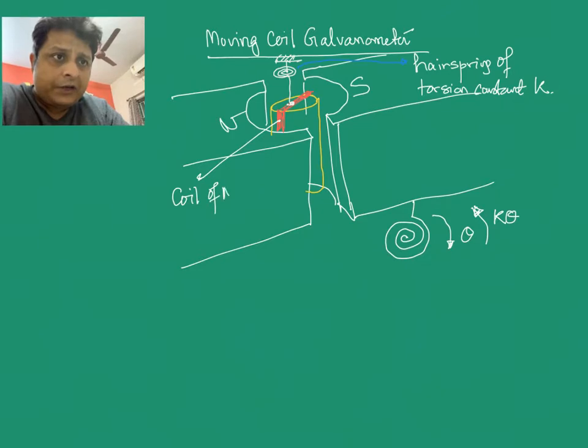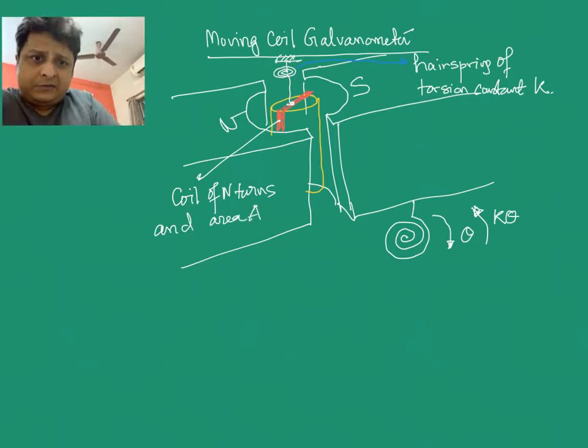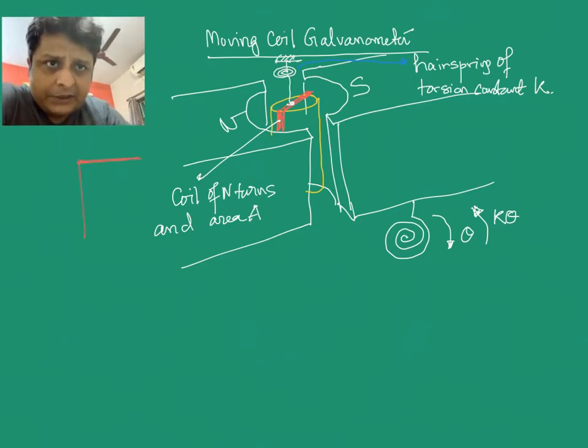So this is a coil of n turns, and the area of the coil is A. By area A I mean this thing. See, it's actually a rectangle. This coil is actually a rectangle.